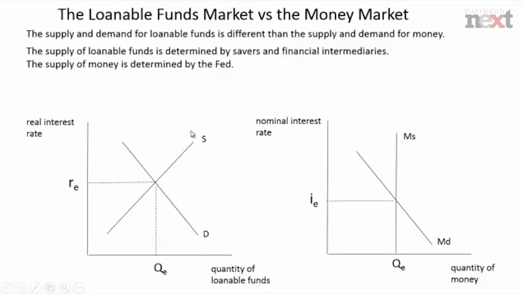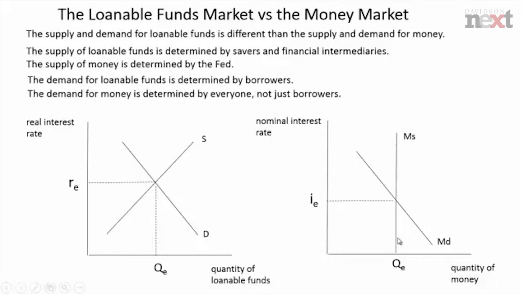The supply of loanable funds is determined by savers and financial intermediaries, but the supply of money, it's vertical and it's determined by the Fed. The demand for loanable funds is determined by borrowers, but the demand for money is determined by everyone, not just borrowers. So, be clear on this. The loanable funds market is different from the money market.